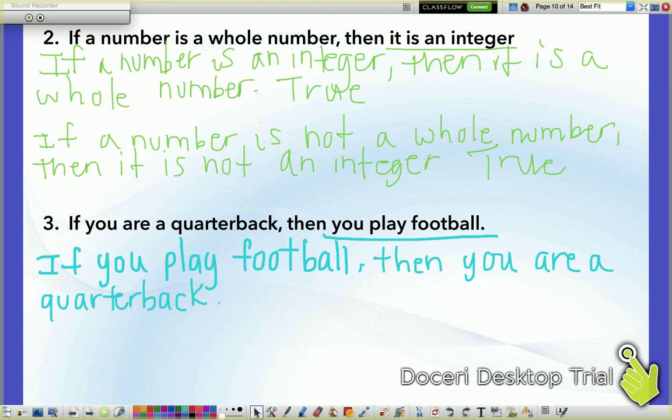Okay, is that true or false? Okay, that is false. Why? Because if you play football, you do not have to be a quarterback.